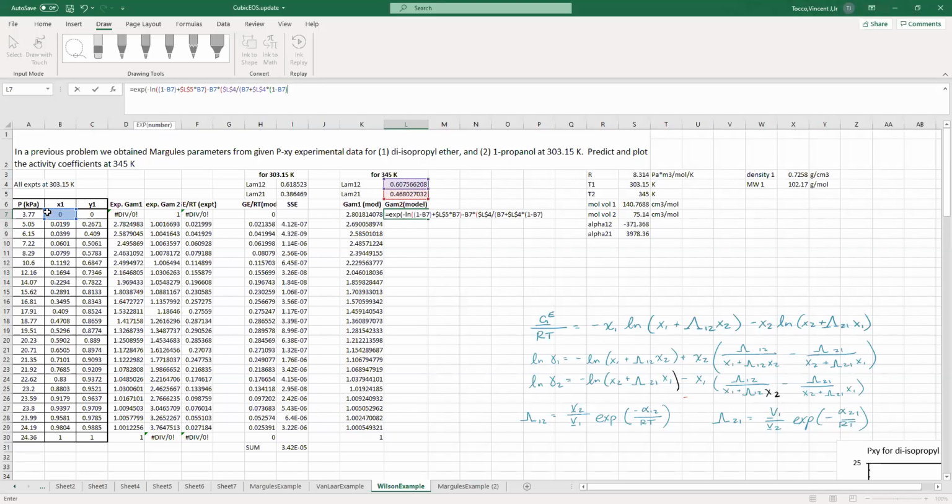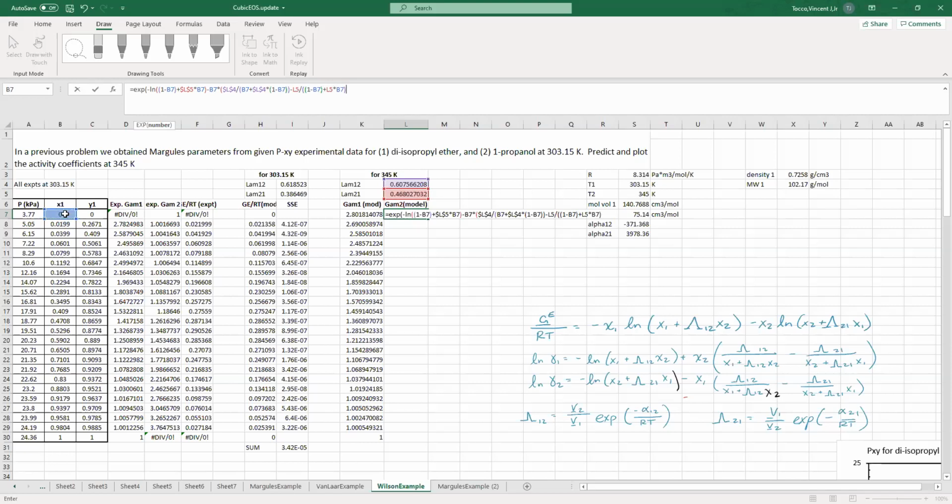Okay, close that, close the bottom, minus lambda 2,1 divided by x2, 1 minus x1. Plus lambda 2,1 times x1.